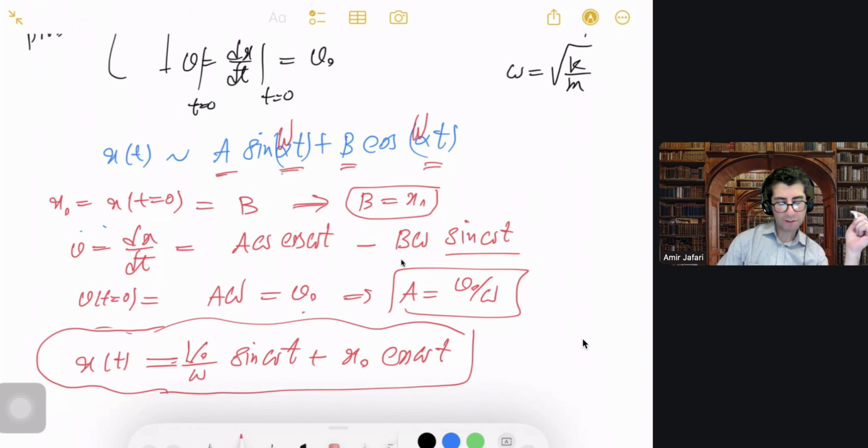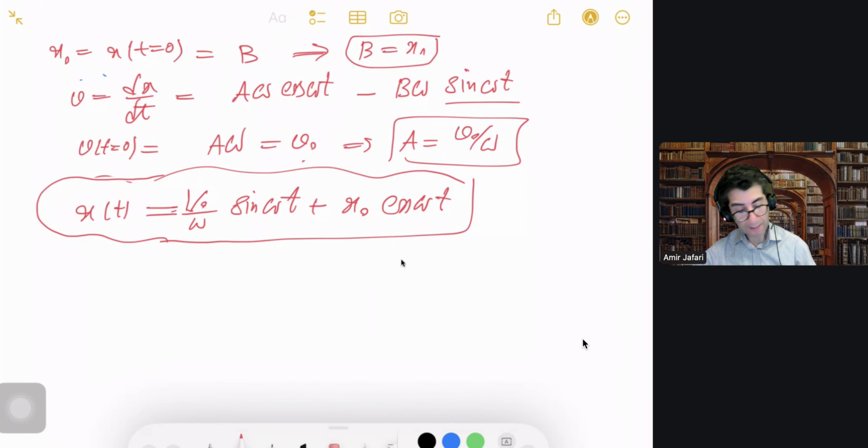But there are other ways, for example, using this identity or definition, the Euler formula, which is cosine alpha plus i sine alpha. i is the complex number here.